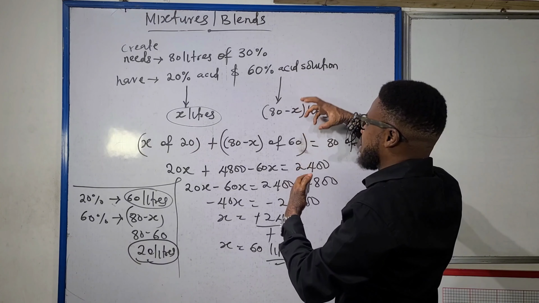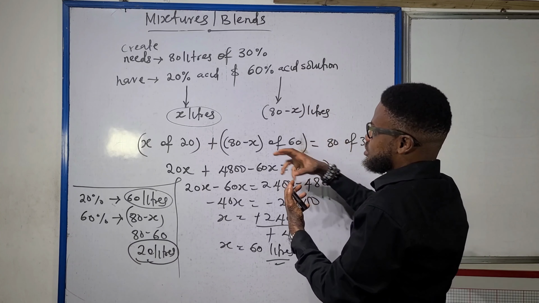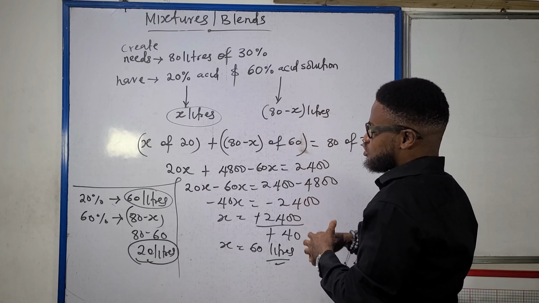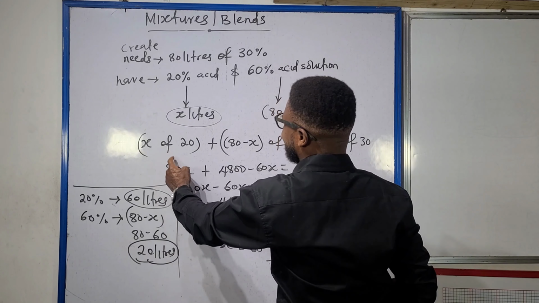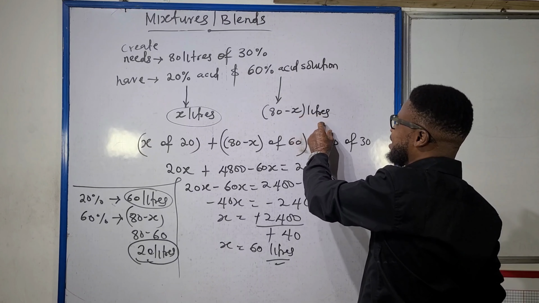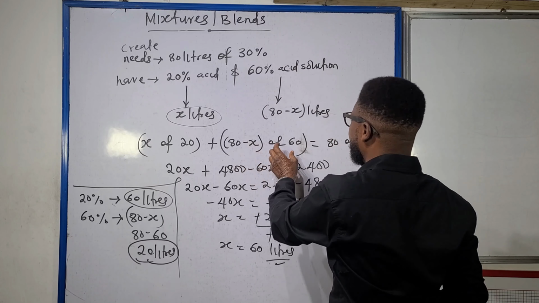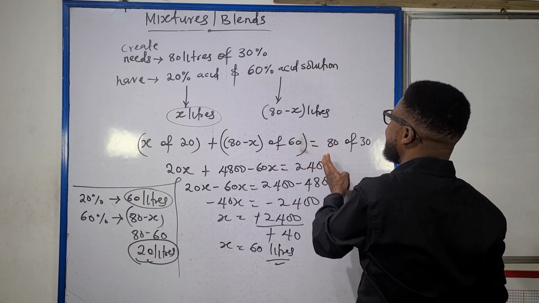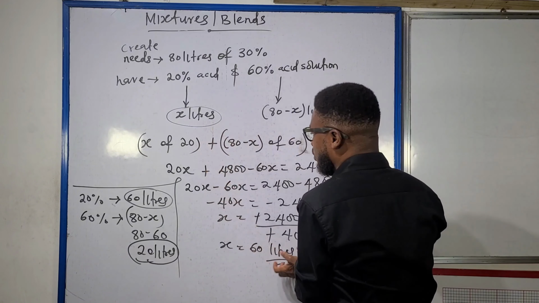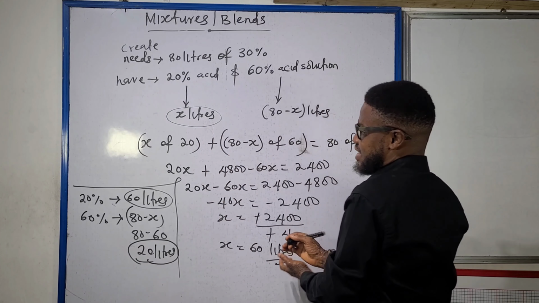That way I'm already trying to create an equation using that x variable. So what I have here is x liters of the 20% solution and then 80 minus x liters of the 60% solution to give me 80 liters of the 30% solution, and then I solve for the variable that is x.